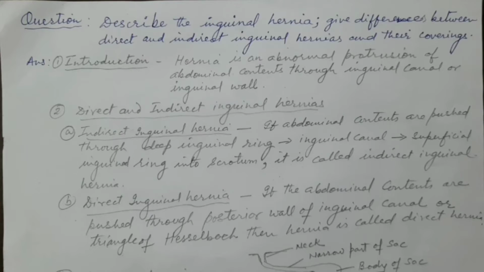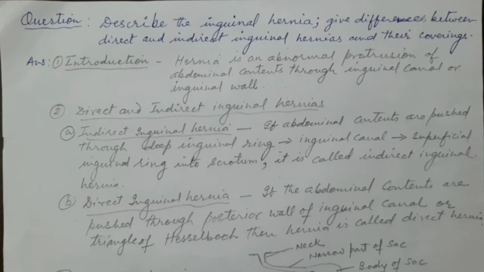That means the contents are pushed through the deep inguinal ring, and you know what the deep inguinal ring is? This is the opening in the fascia transversalis, just lateral to the passage of the inferior epigastric artery, which we have learned in the last videos.